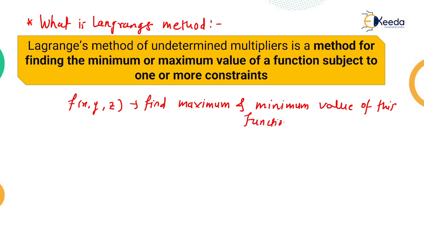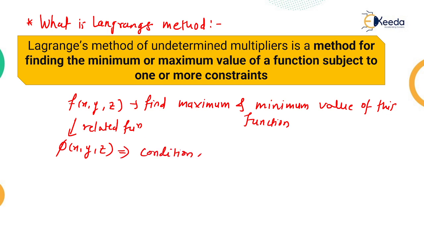But there is another related function given to you, phi of x y z. This is also a function of x, y, z, and from this condition we have to find the maxima and minima. So we call this a conditional function.